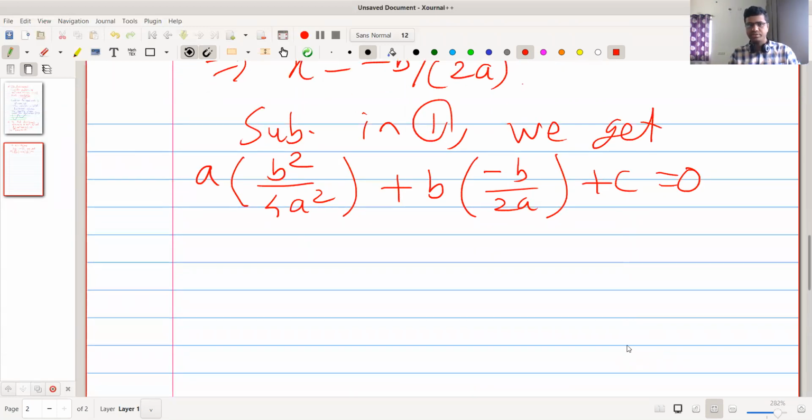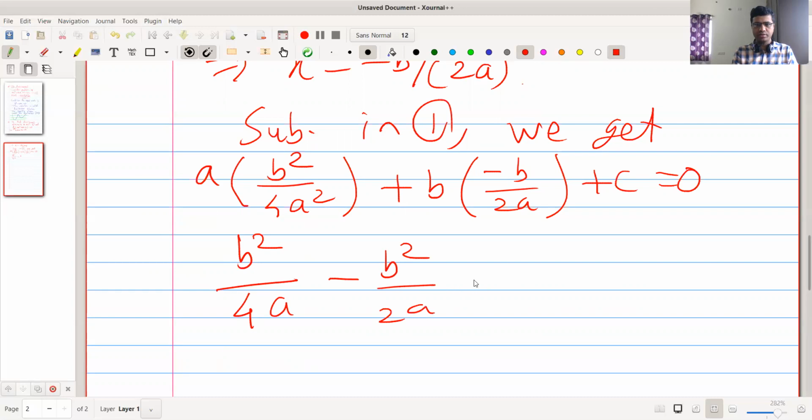We simplify this. So this is b square upon 4a minus b square upon 2a plus c equal to 0.